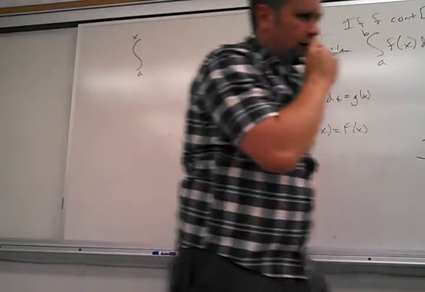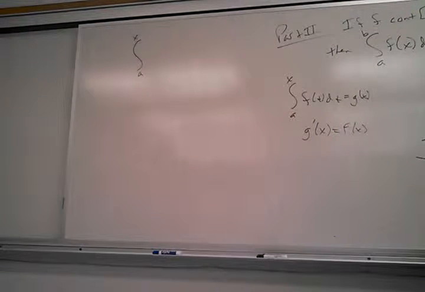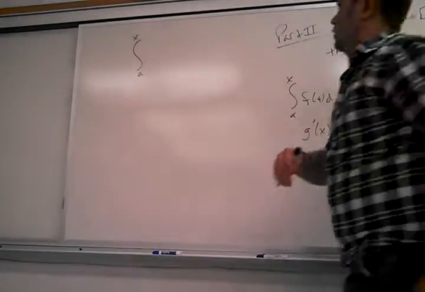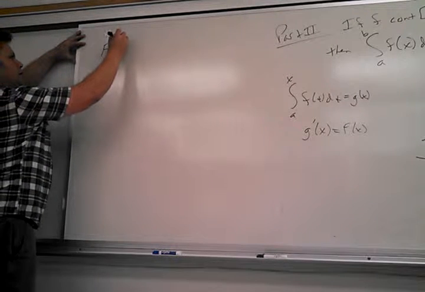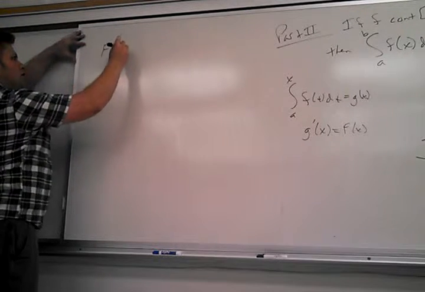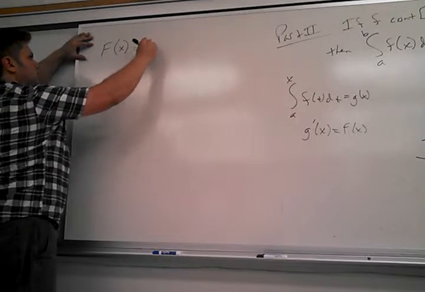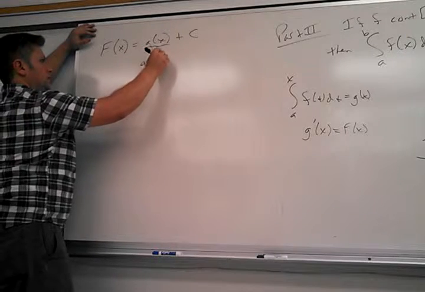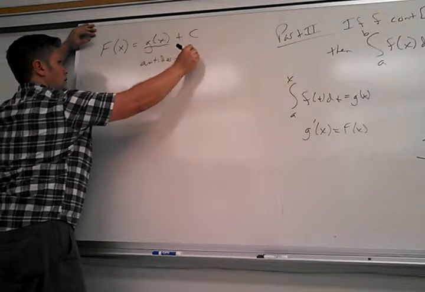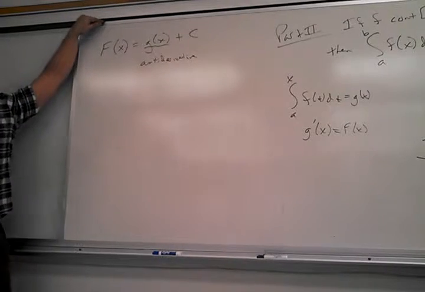Oh, how do I set this up? You can do it the other way. So for example, F of x is basically g of x plus c. There's the antiderivative, missing a c. So if I add a c to it, that's basically what that is.